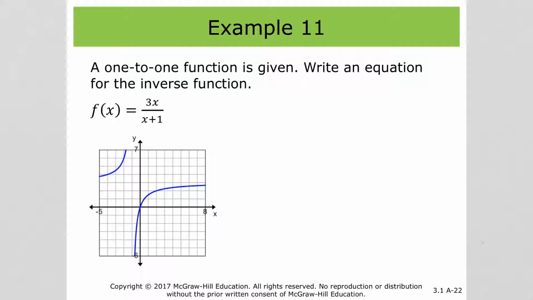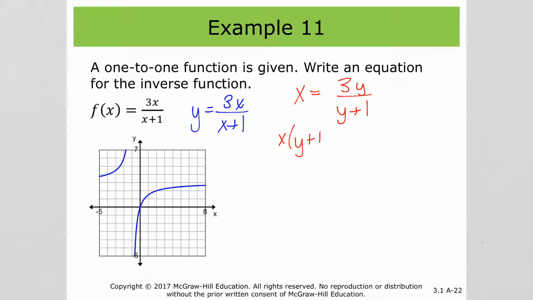Okay, so here we've got f of x is equal to 3x over x plus 1. So that's the same thing as y equals 3x over x plus 1. So we switch. x equals 3y over y plus 1. And then we need to solve for y. So we're going to multiply both sides by y plus 1.